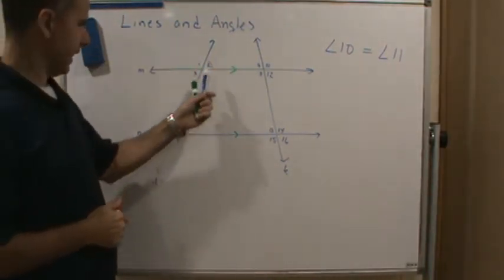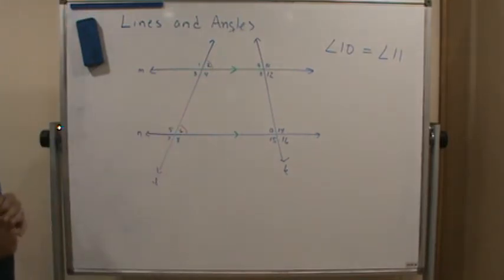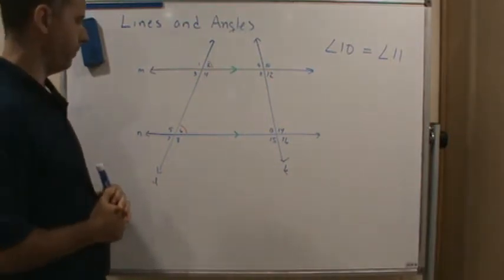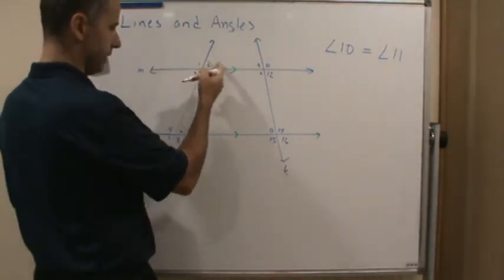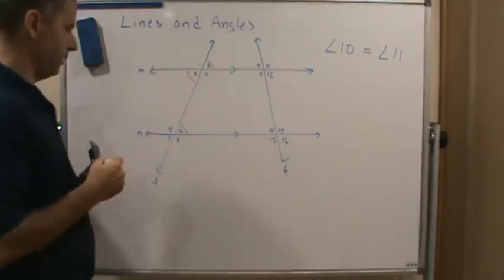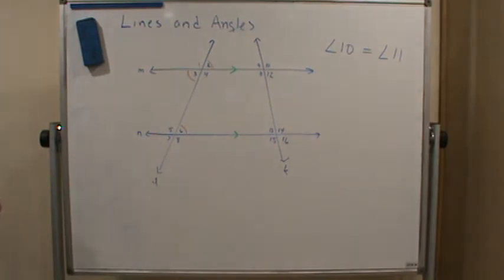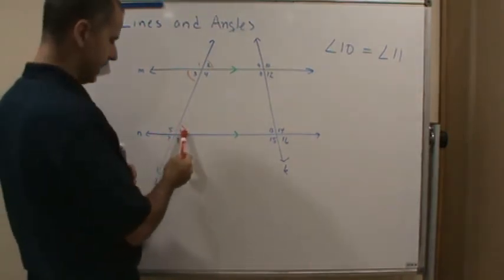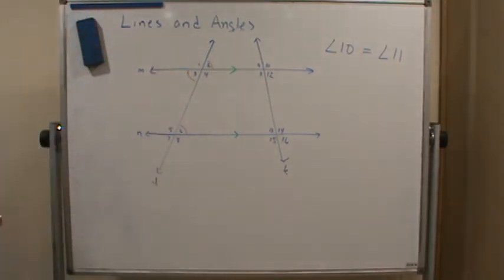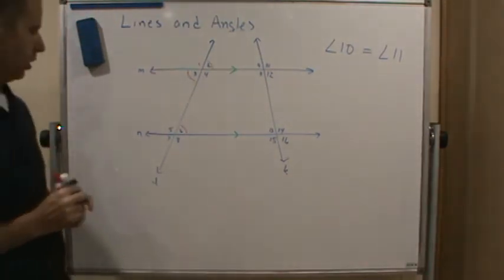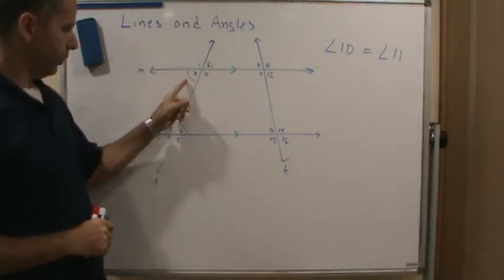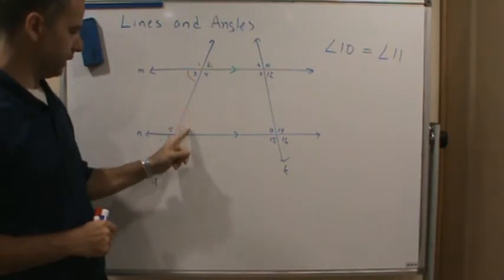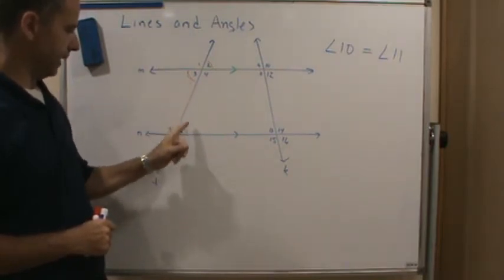So 6 and 2 are also the same measurement. Now, we also know that vertical angles are the same. So now we know that these three angles are the same, which means that 6 is equal to 3, which means, guess what? These are called opposite or alternate interior angles, right? We just showed that alternate interior angles are the same.